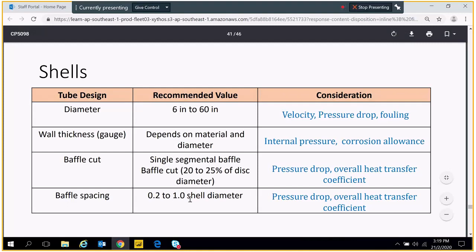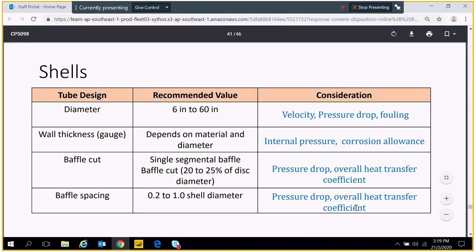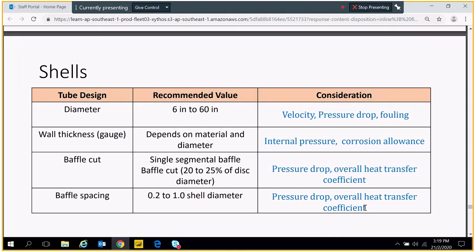But if the baffles are very far apart, higher than 1 times the shell diameter, of course you have a lower pressure drop, but is there good contact between the shell fluid and the outer surface of the tube? That will affect the heat transfer coefficient. So heat transfer coefficient is dependent on how much the shell fluid is contacting the tube outer surface.